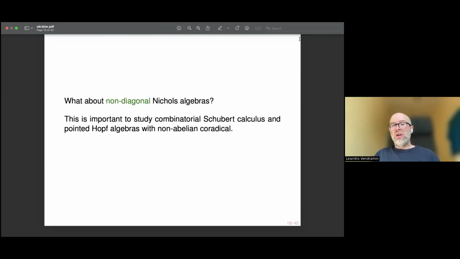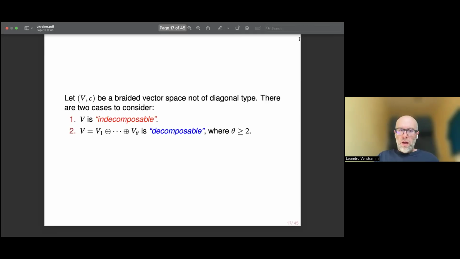So over non-diagonal Nichols algebras. So why do we care about this? Well, they again are quite important in the theory of Hopf algebras, for some Hopf algebras that are somehow a bit different from quantum groups, and also they appear in other places, remarkably in Schubert calculus, in some sort of combinatorial approach to Schubert calculus. I will try to quickly mention something about this.